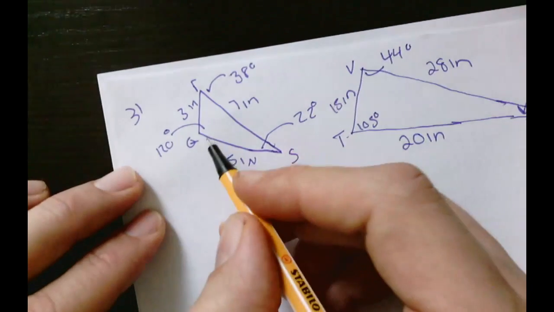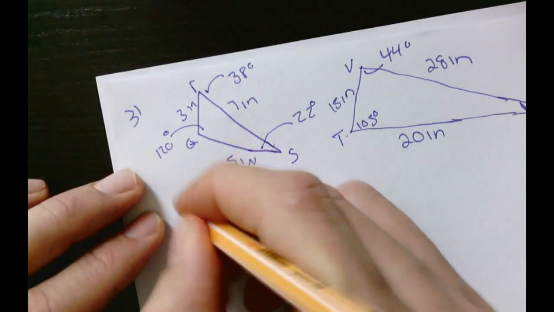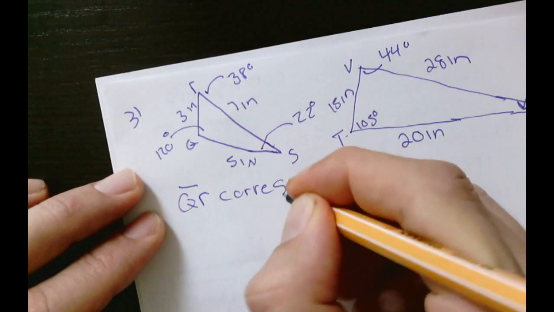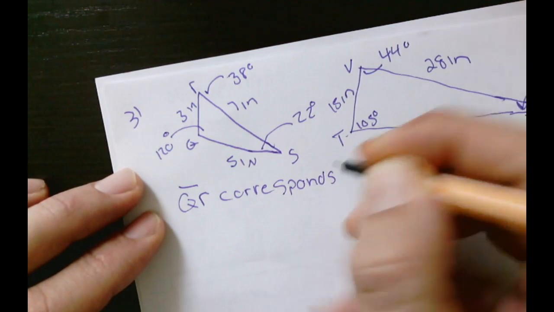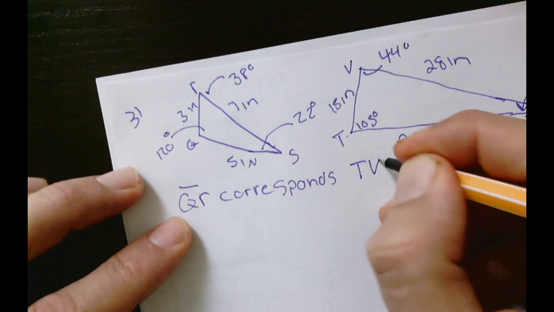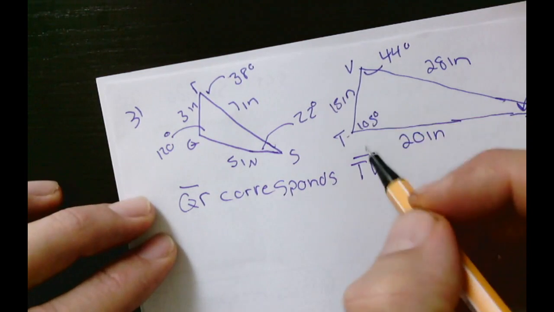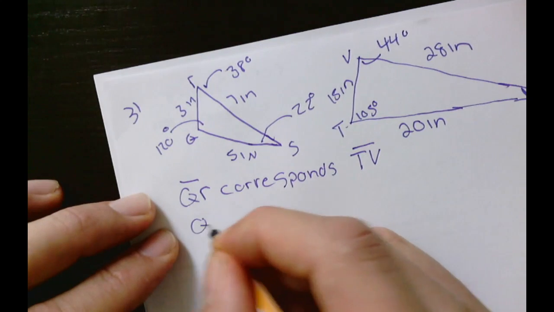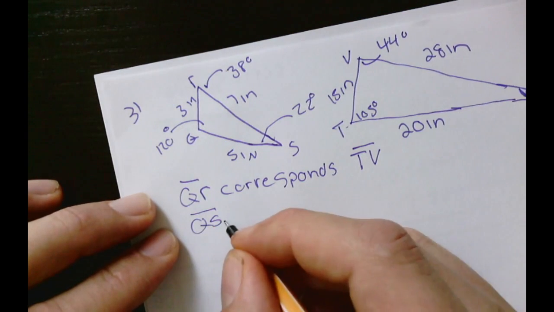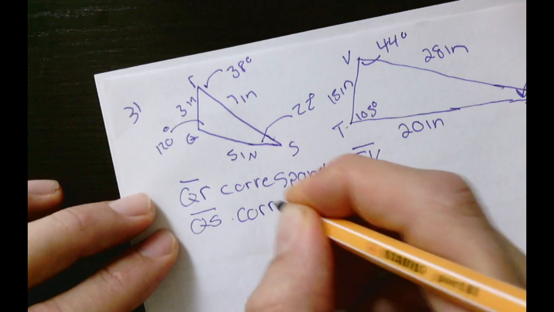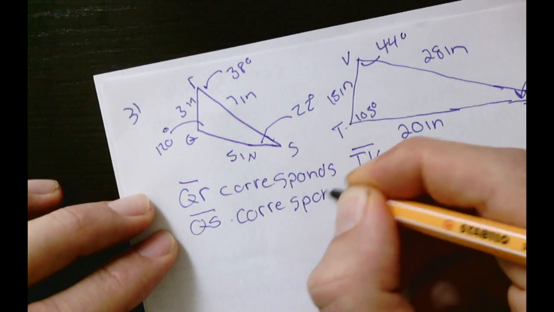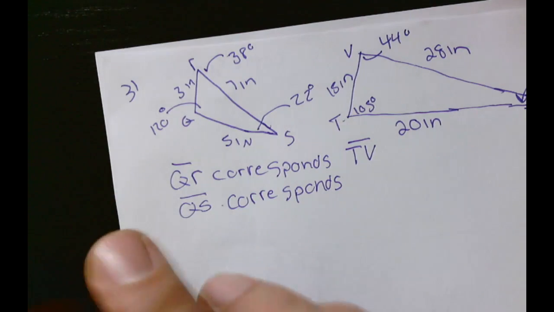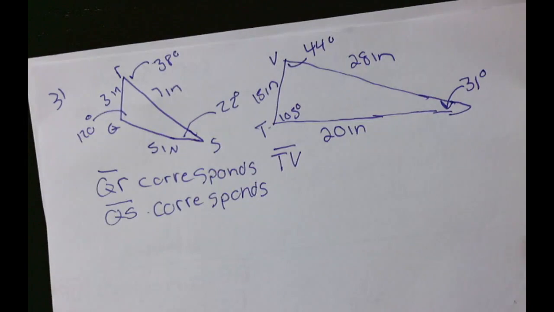Okay, so let's see, we've got QR here, and QR corresponds to TV, not the TV you watch. Then we've got QS, with the line segment above it, which corresponds to, oh, I didn't mark this last angle, just give me a minute.